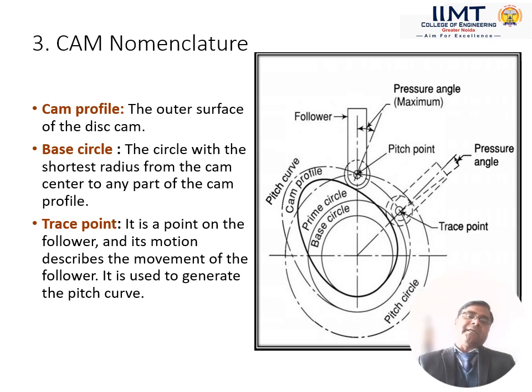So, basically pitch curve is generated by keeping the cam profile constant and the follower is moved around the cam surface. So the profile traced by the trace point is known as the pitch curve.